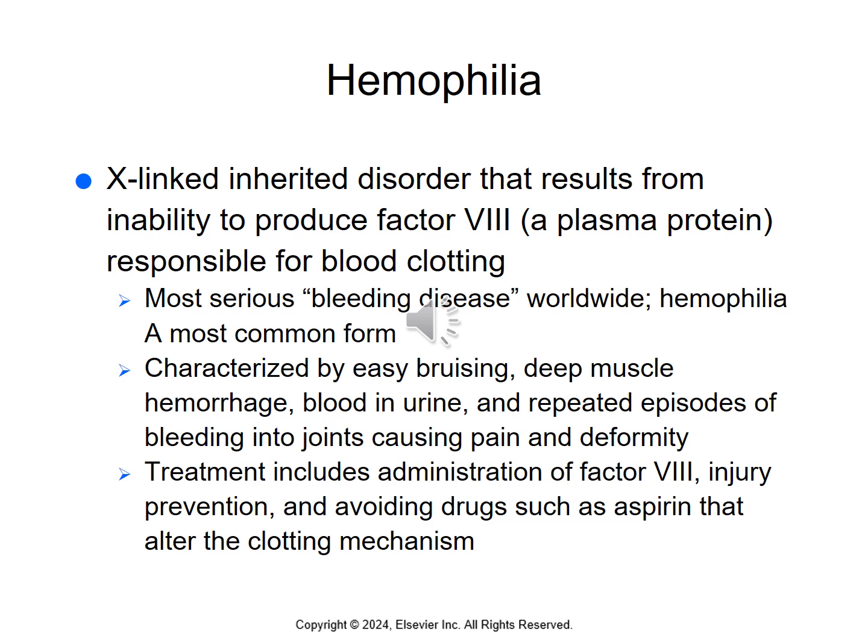Hemophilia, X-linked inherited disorder that results from inability to produce factor VIII, a plasma protein responsible for blood clotting. Most serious bleeding disease worldwide, hemophilia, a most common form, characterized by easy bruising, deep muscle hemorrhage, blood in the urine, and repeated episodes of bleeding into joints causing pain and deformities.